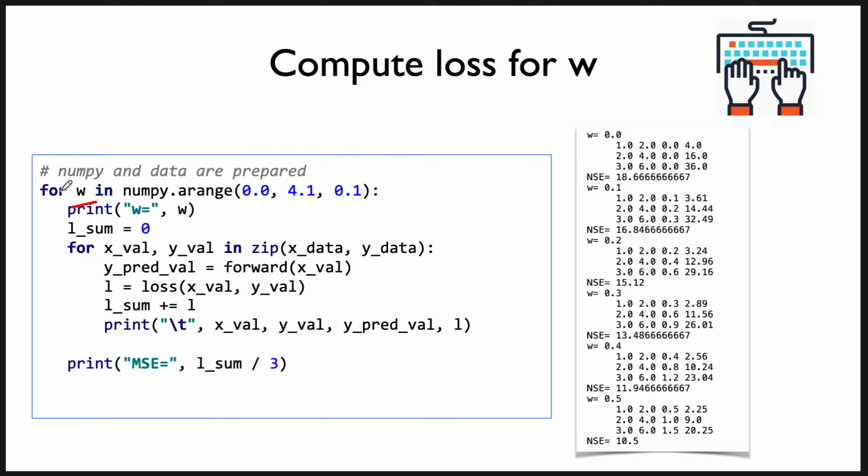We have the sum of the loss. We initialize it and then we go through the dataset. In our case, w goes from 0 to 4, and each step is 0.1, and at every step we are going to print out the w value.